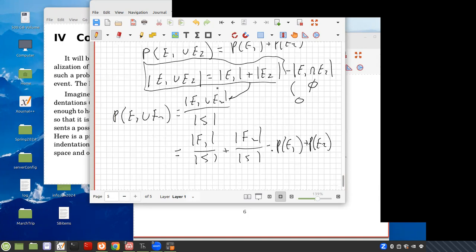So the addition rule we had in counting for mutually exclusive events goes over to this case.